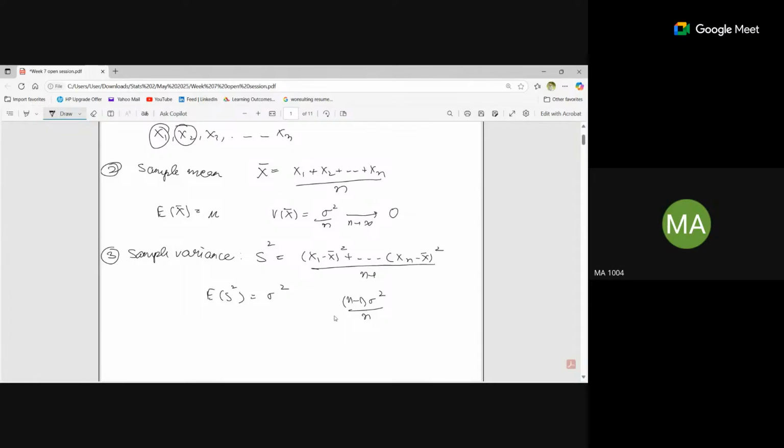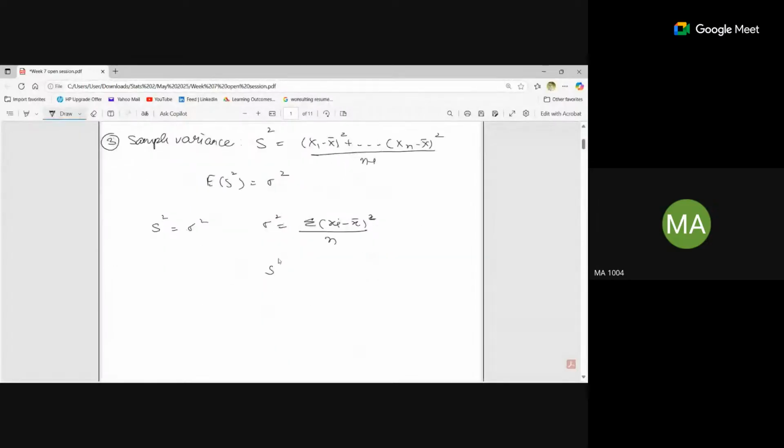I don't think so. That's not an expectation. It is basically a relation between the sample variance, that is S square, and the sigma square. Do you know what sigma square is? It is the summation of xi minus x bar whole square divided by n, correct? Then sample variance is the summation of xi minus x bar whole square divided by n minus 1, correct? The numerator for both of them is the same.